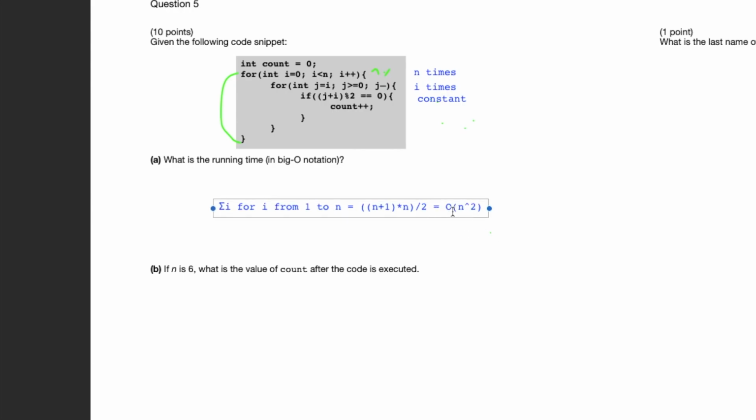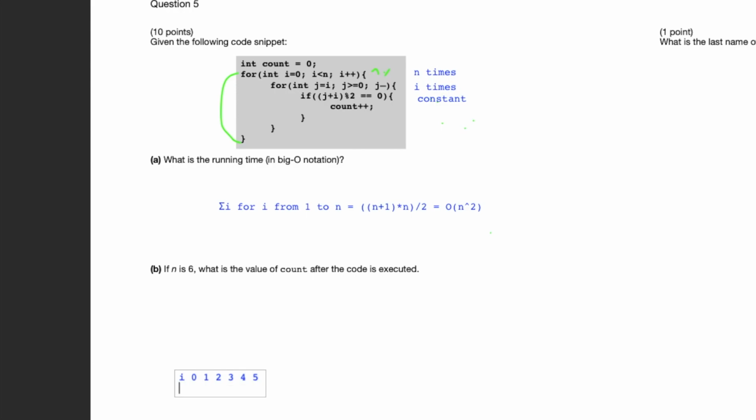Okay, so then the next question is, if n is 6, what is the value of count after the code is executed? So i goes 0, 1, 2, 3, 4, 5, but we don't do 6.